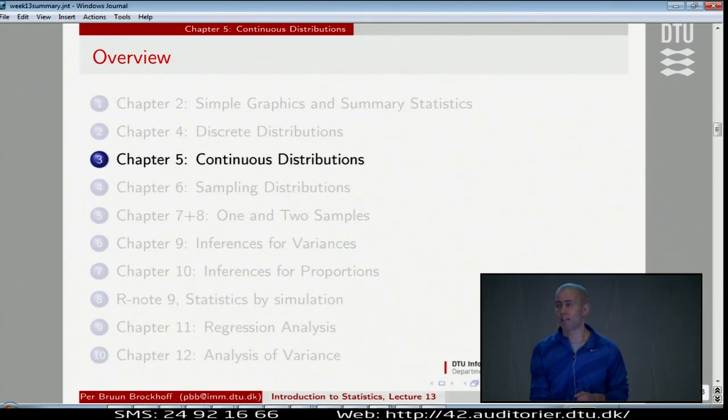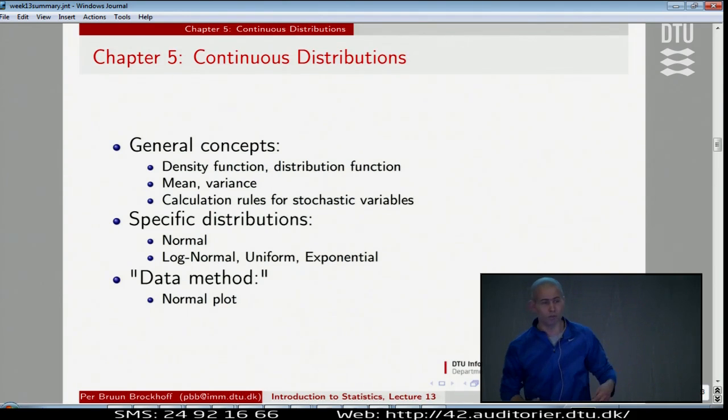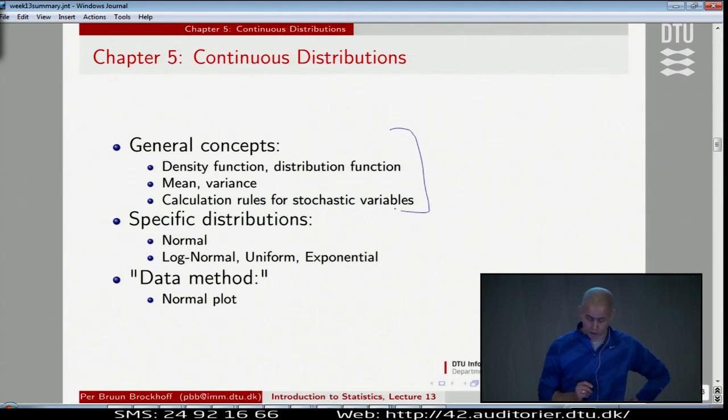A similar exercise we did in the continuous world, like modeling, where we actually measure something quantitative, the content of alcohol in your blood after the Christmas lunch or whatever, the weight, the height. We are measuring something quantitative. Again, we have some general concept in the continuous world.